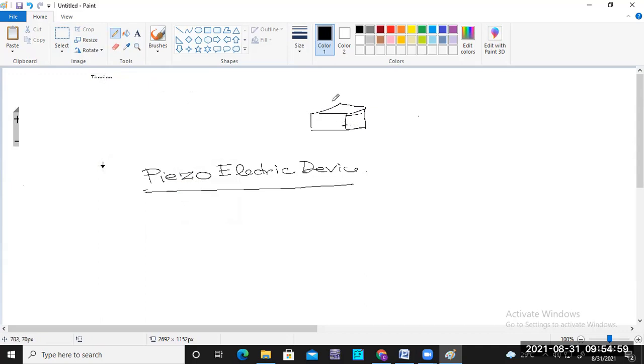If you put some force over this side, then at the 90-degree side you get some positive and negative voltage. This is the main characteristic of the piezoelectric device, and it is applied in many applications, just like a buzzer, or any proximity sensor.